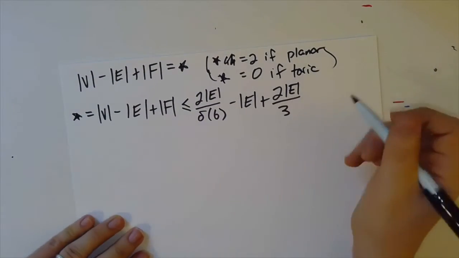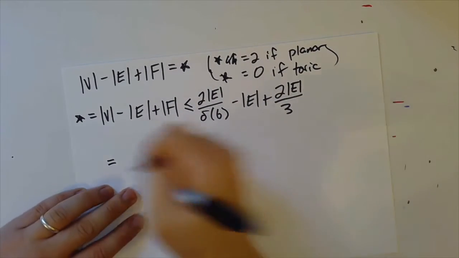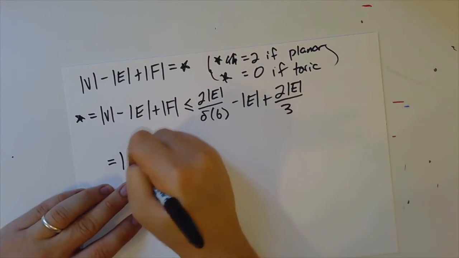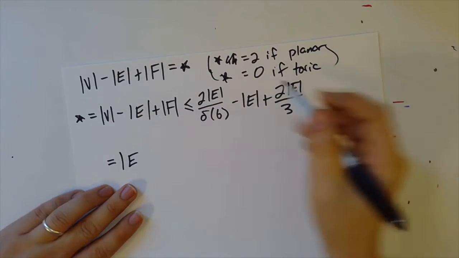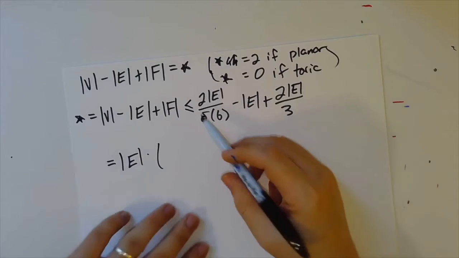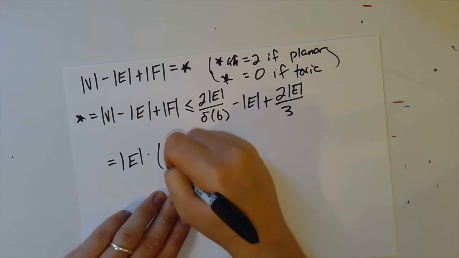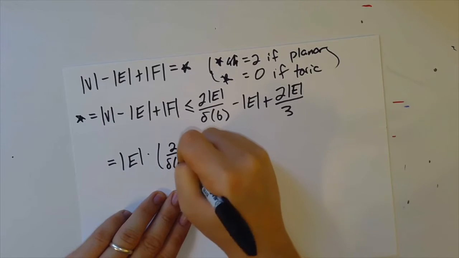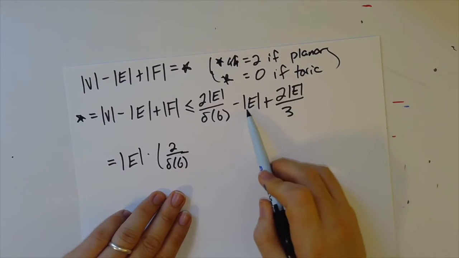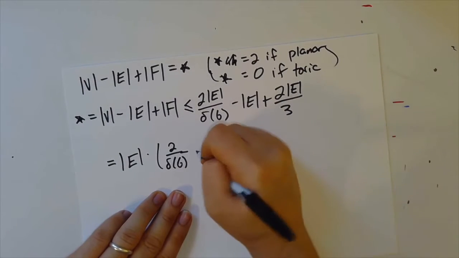Okay, so now I notice, hey, this thing I can factor out the number of edges. And so this is the number of edges times, okay, and so this is 2 over delta of g, minus 1 plus 2/3, so that's minus 1/3.